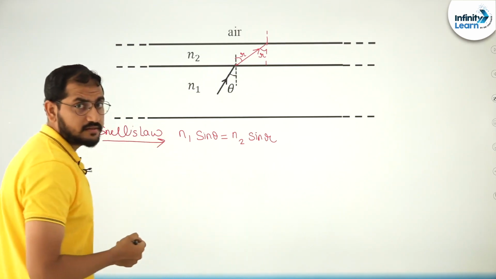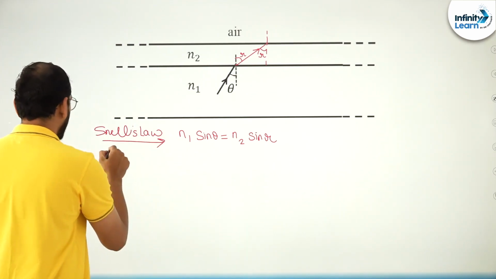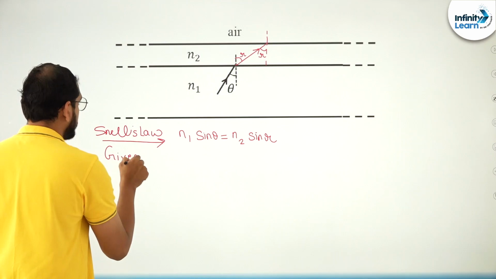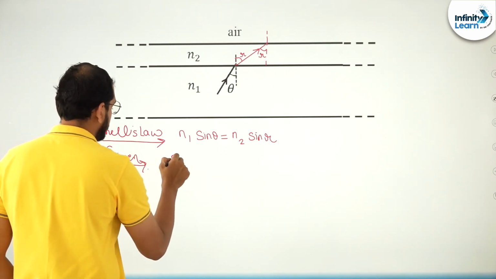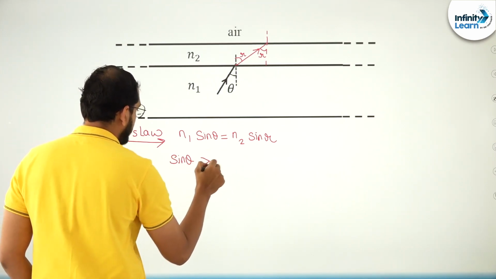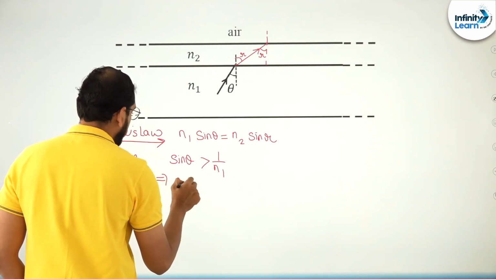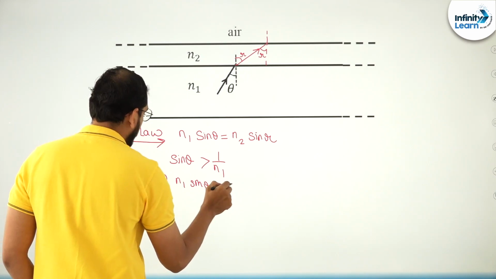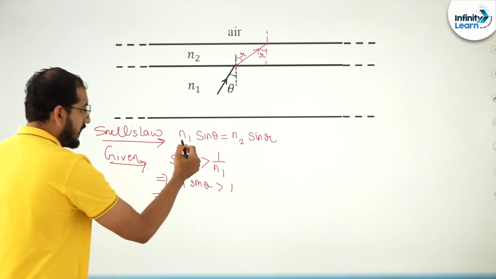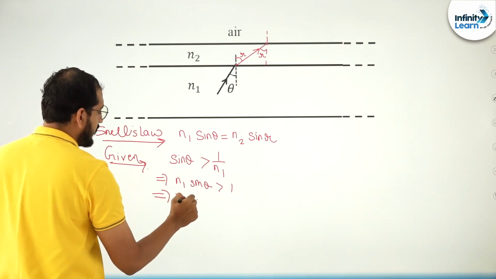Yes guys, we can say this equation, right? Now it is also given that sine theta is slightly greater than 1 by n1. So can I say that n1 sine theta is greater than 1? And now instead of n1 sine theta, I can use n2 sine r.